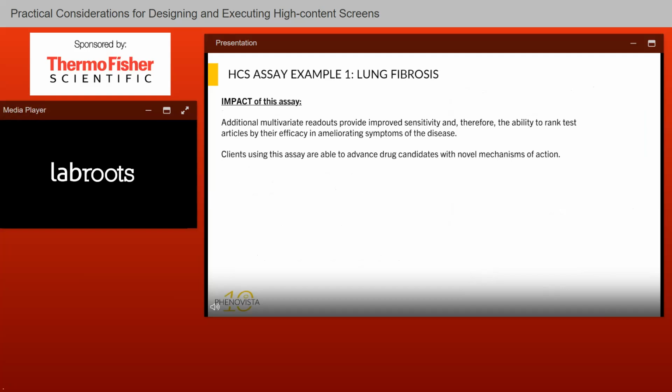So, in summary, looking at lung fibrosis, and I should mention that there are similar approaches that can be applied to liver fibrosis, cardiac fibrosis, and several others, dermal fibrosis for example. But the main thing here is that you get lots of different readouts that can provide scientists with clues as to how their test articles might be working to suppress the disease.